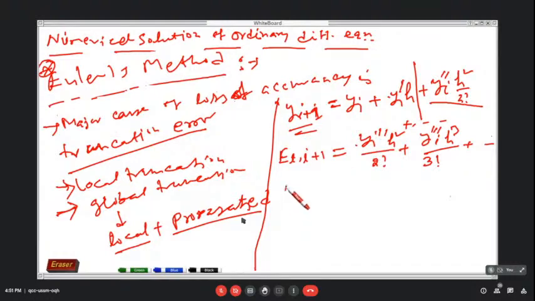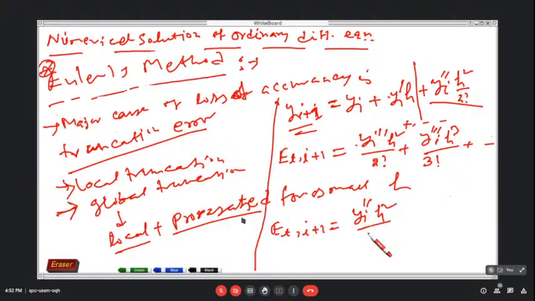Now for a small h, we can approximate this also. This truncation error को हम approximate कर सकते हैं i plus 1 as, क्योंकि हम पूरा तो सीरीज ले नहीं सकते, तो हम इसको double prime h स्क्वायर बाई 2 यहाँ तक ही लेंगे. That means y double prime by 2, this is a constant.